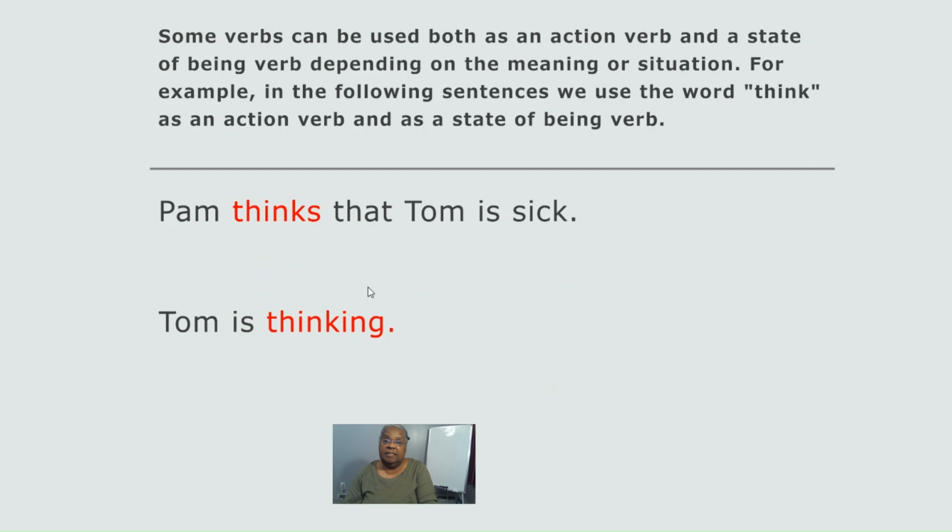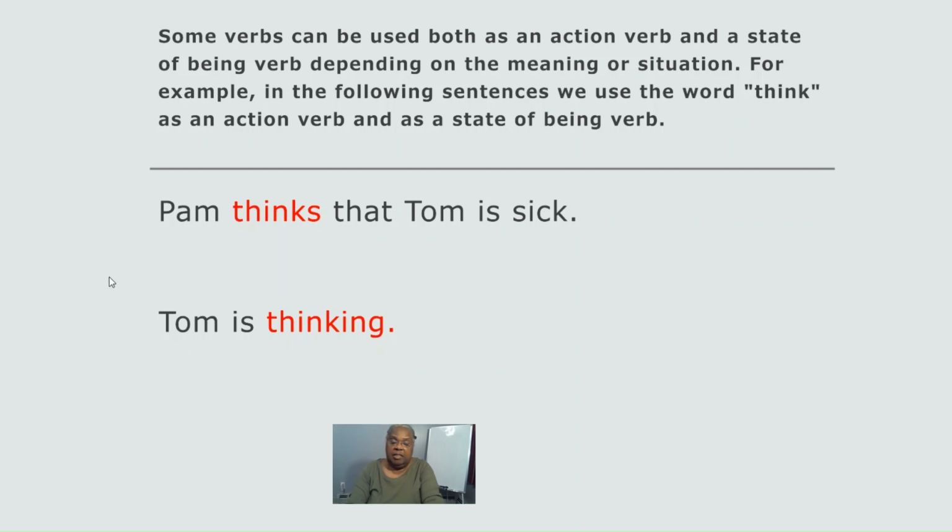In the sentence, Pam thinks that Tom is sick. The verb thinks is a state of being verb. It expresses Pam's opinion. In the sentence, Tom is thinking. The verb thinking is an action verb. The verb thinking is expressing a mental action that Tom is doing.